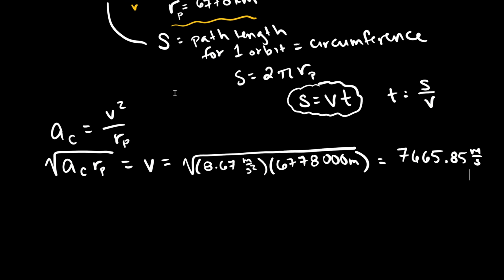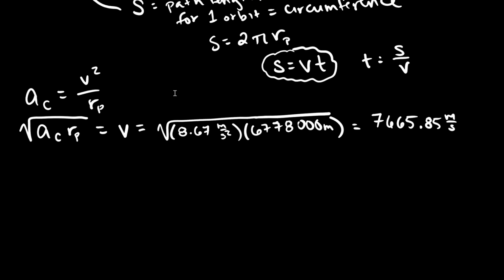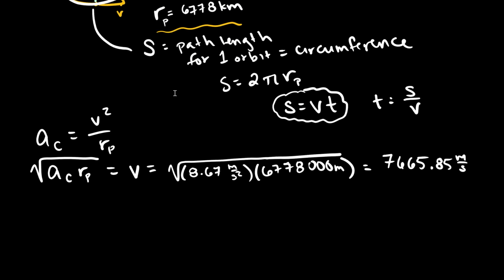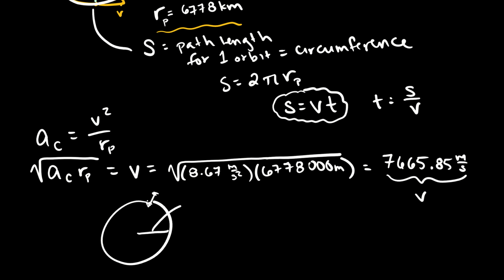It's pretty fast, guys. Now that I have solved for v, so this is v, I need to know how far it is for the ISS to go around the Earth one time.